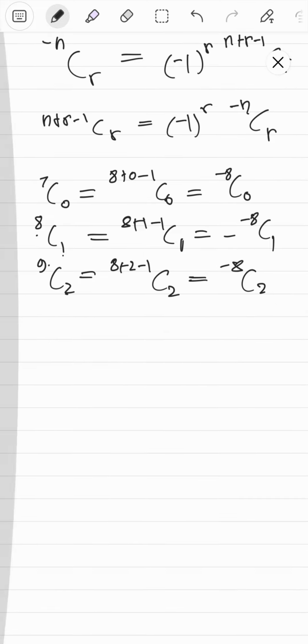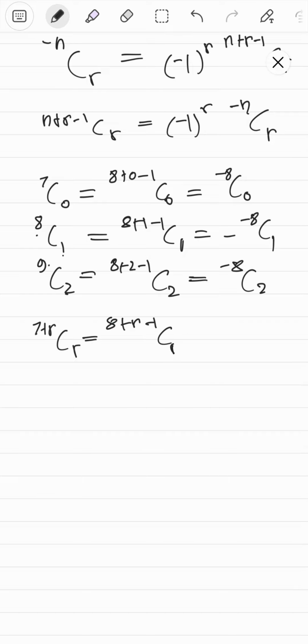Now you can see what the pattern is going to be. Basically, (7 plus r)Cr can be written as (8 plus r minus 1)Cr, which is negative 1 power r times negative 8Cr. And I'm using this to make these terms.